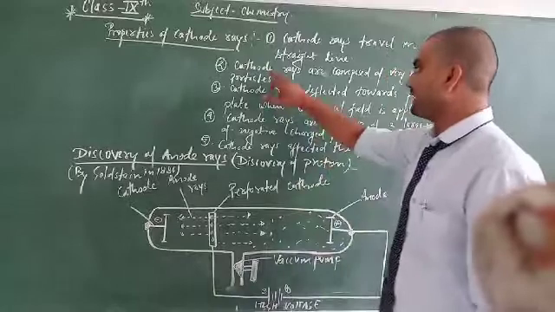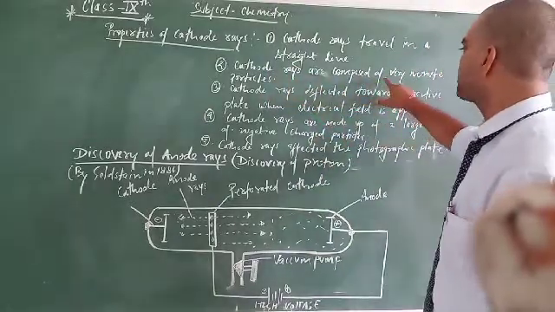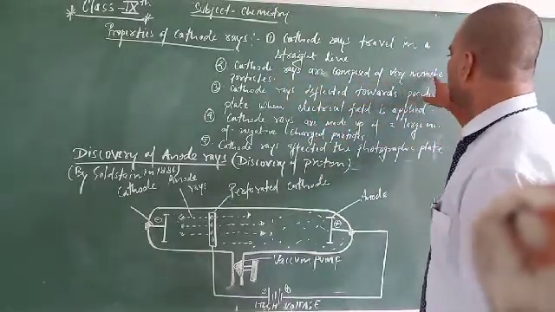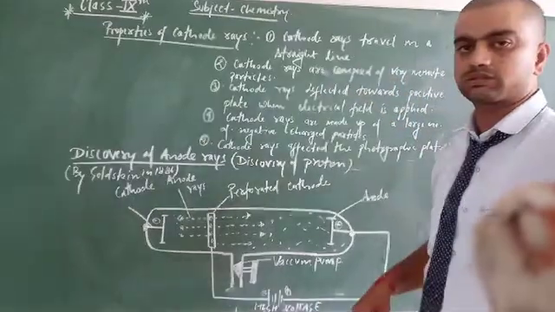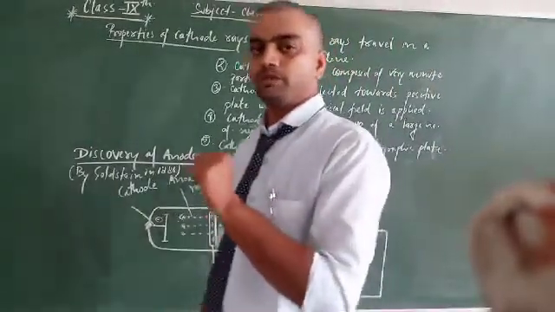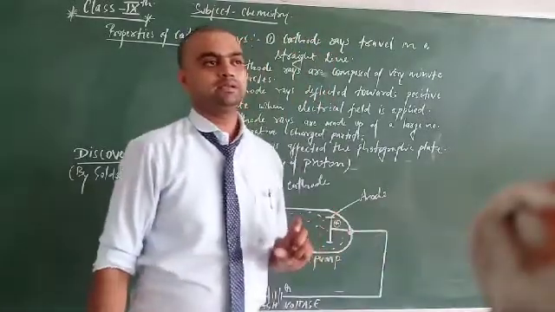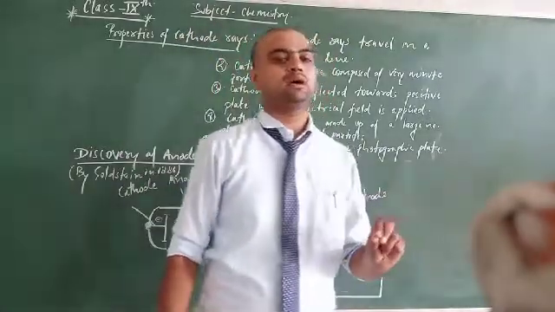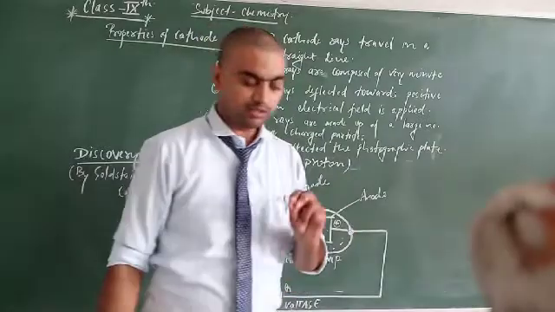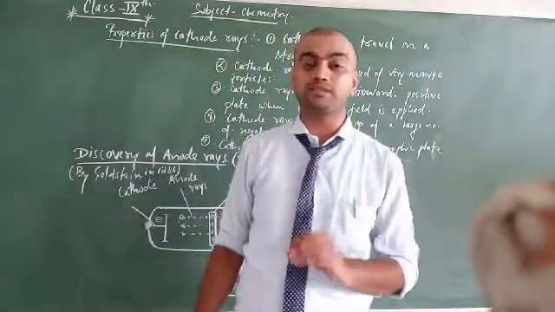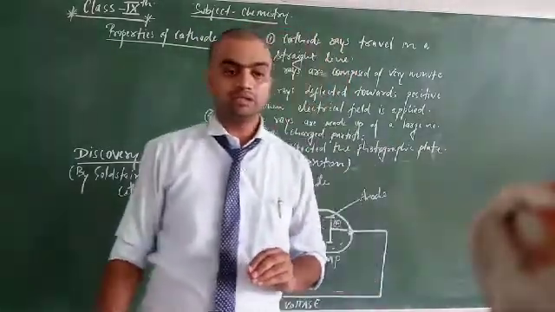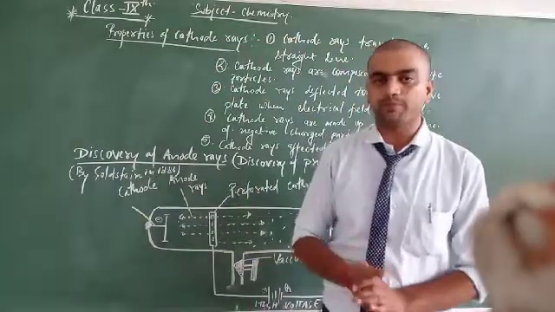Second point: cathode rays are composed of very minute particles. What do you mean by this point? Here it is given that cathode rays are composed of some minute particles. To check this statement, the scientist performed an activity.